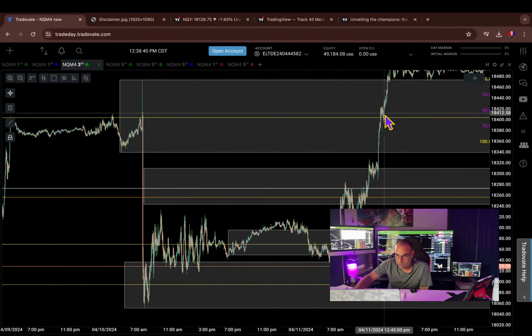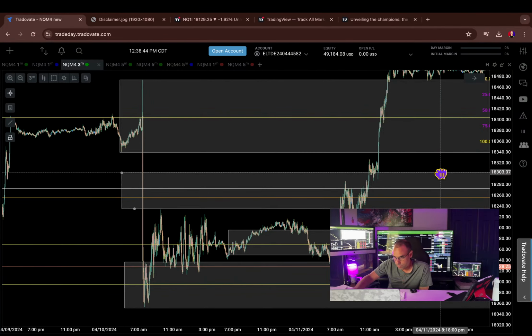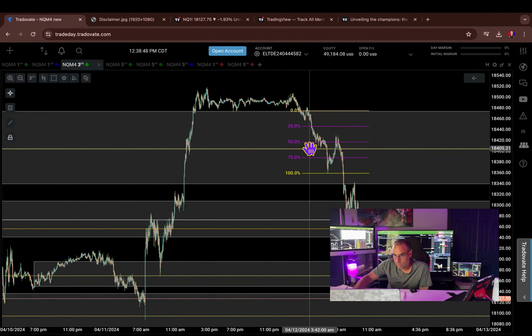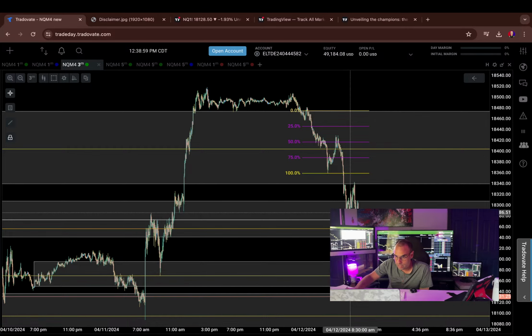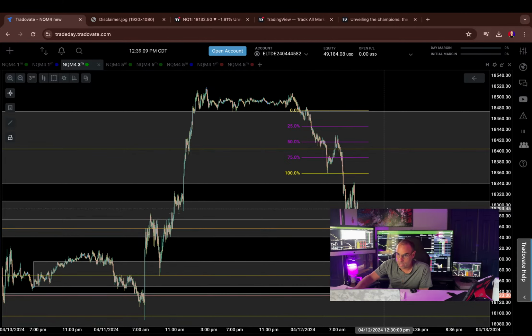So we take that area, we got 50% of that area with that line. Oops, I moved this. And then look what happens. Look at, for example, how it leaves the area, right? Taps 50% of another area that we mapped out, goes up, and barely touches the area and leaves down again.